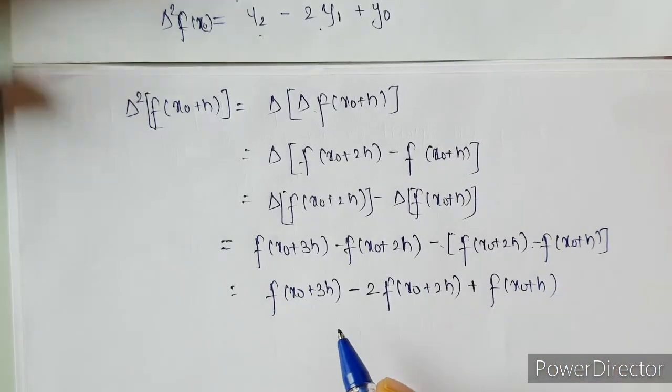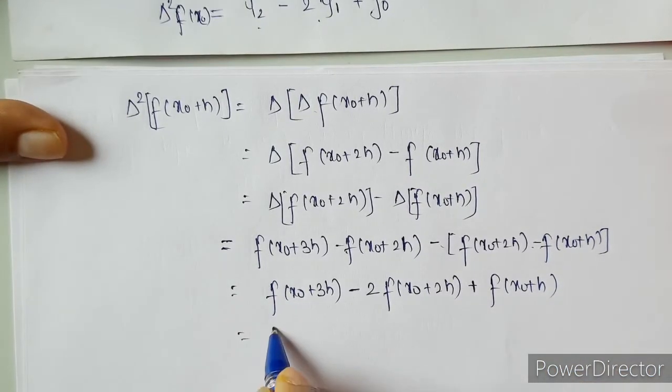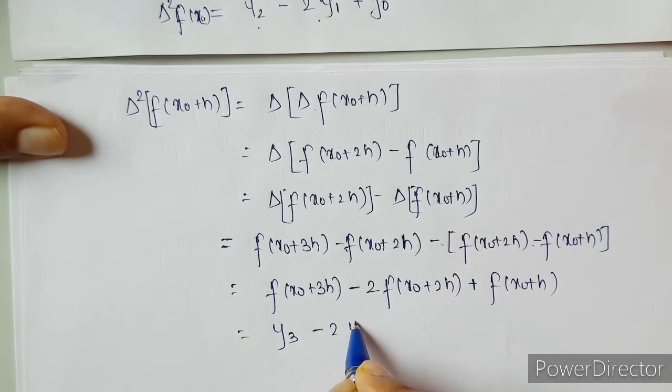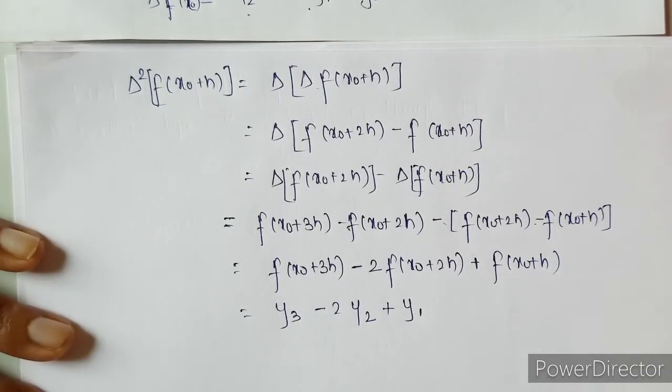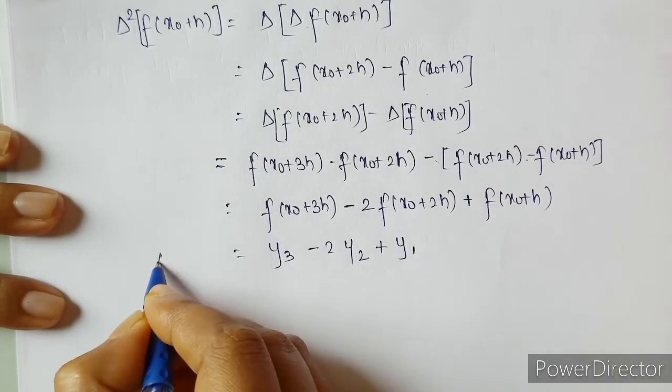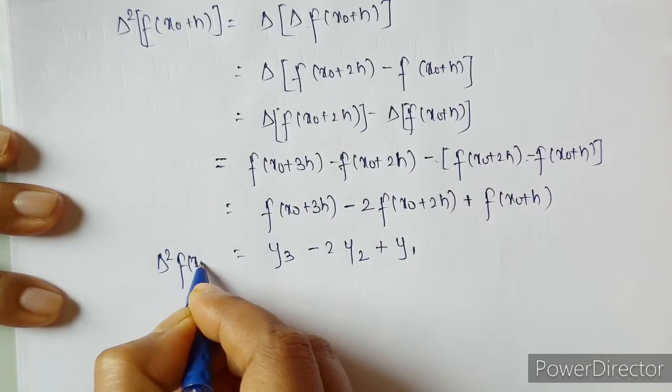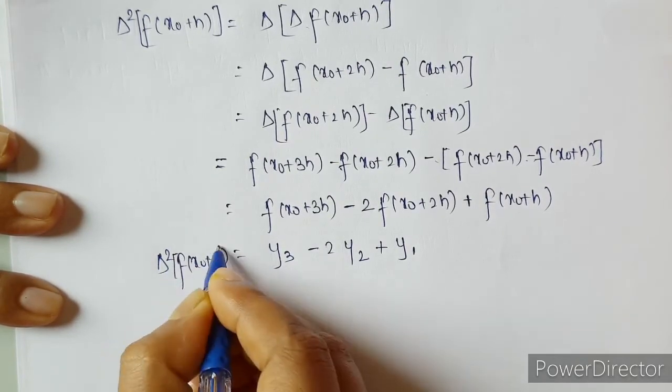Now this can be written as y3 minus 2 times y2 plus y1, which is difference of f of x naught plus h.